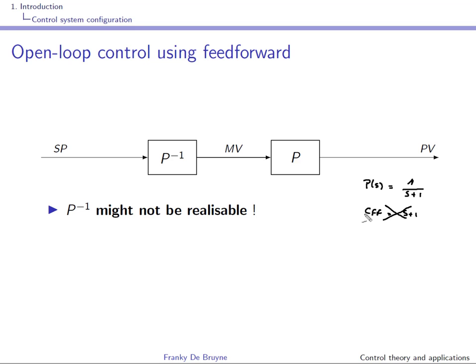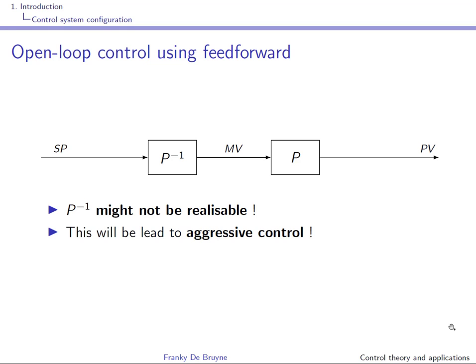We have seen in the course Signals and Systems that the degree of the numerator is smaller or equal to the degree of the denominator. We'll have something similar if you have a delay in the process. We'll come back to that later. If there is a delay in the process, well, this delay cannot be inversed.